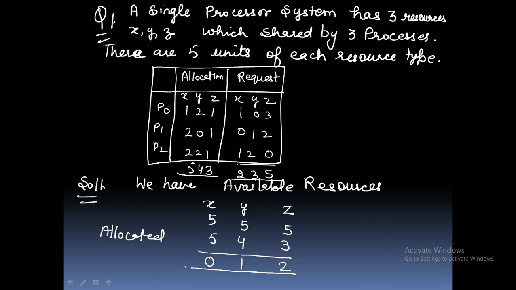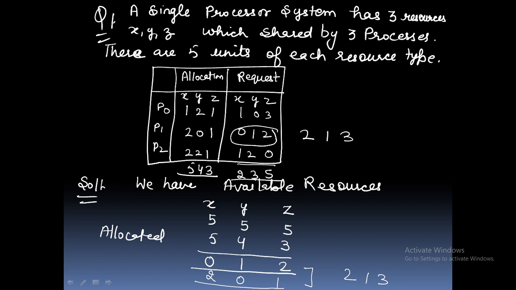First of all, you can see here, with the instance available currently, only the requirement of process P1 can be met. Requirement of process P1 is 012 and its allocated resources are 201. When we add it, 213, now we have available 213 resources.